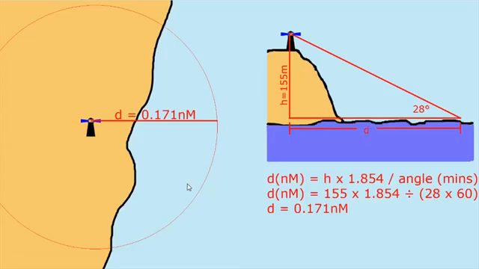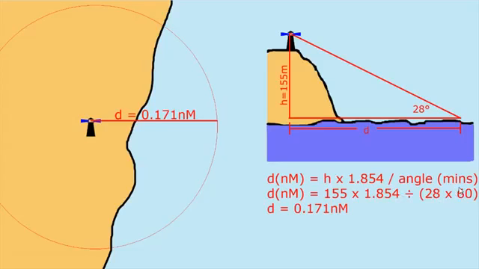And that is that the distance in nautical miles is the height in meters multiplied by 1.854 divided by the angle in minutes. So that is 155 multiplied by 1.854, and then all of that is divided by 28 degrees times 60 minutes in a degree.